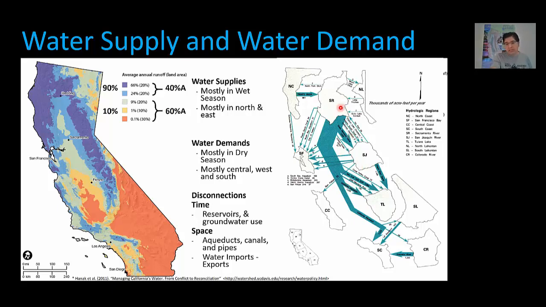But the Sacramento will also lend water to Tulare, Colorado River, the South Coast, Southern California, Central Coast, the San Francisco Bay, and so on. So this is how we're importing, in this case, and also exporting water throughout the state. Yep, we have used and abused the system, the water system in California.